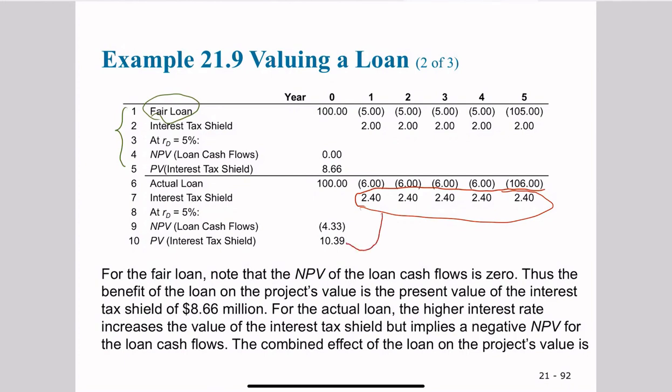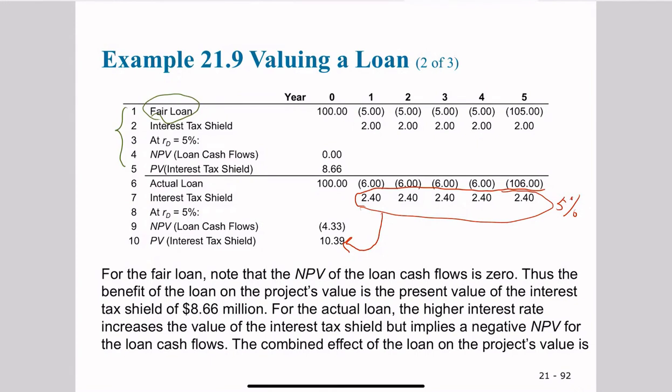And this will give you the present value of the interest tax shield. Again, you will discount these cash flows at 5% rate. Oh, I think I made a mistake.